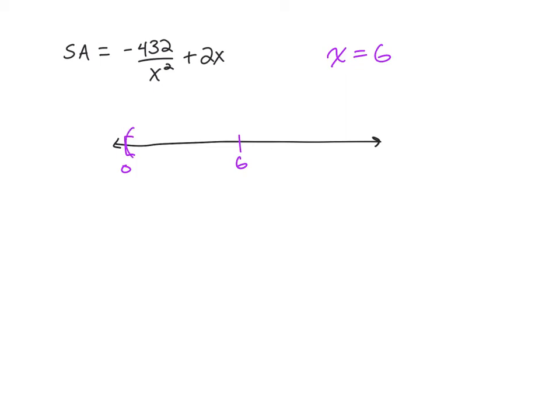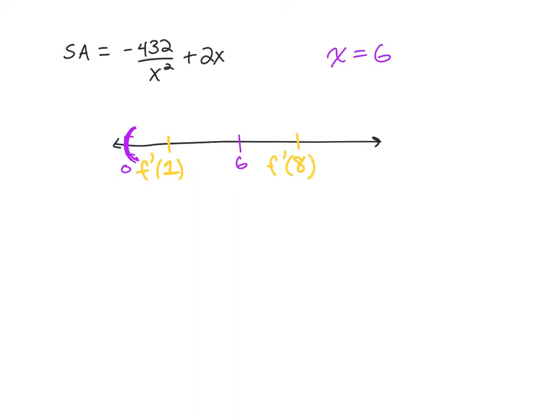And in fact, we cannot include 0, so this should be a parenthesis. So now we can pick test values. I will pick 1 and 8. And I will evaluate the derivative at these test values.